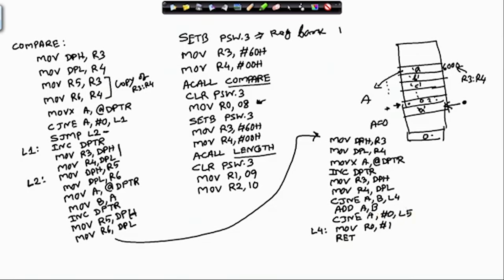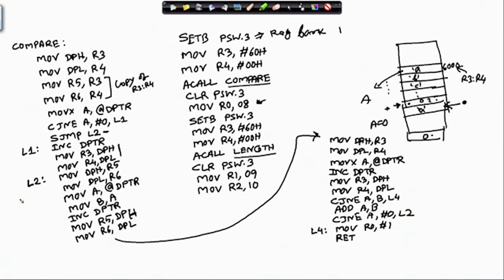So, this is L5. So, this should better be L2, that will do it correct, okay, because if they are not same, I am jumping from here to here. So, this label should be L2. So, this one I should better make it L2, then the program will be correct.